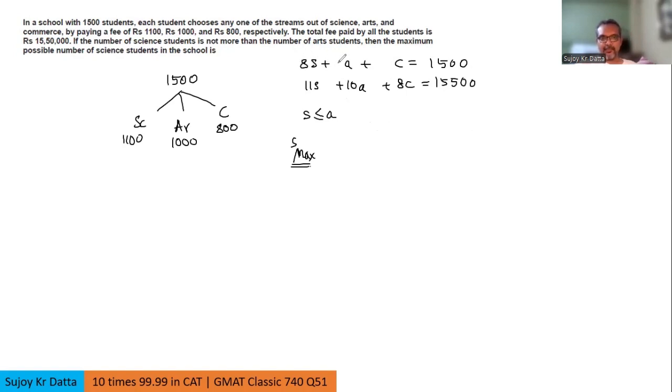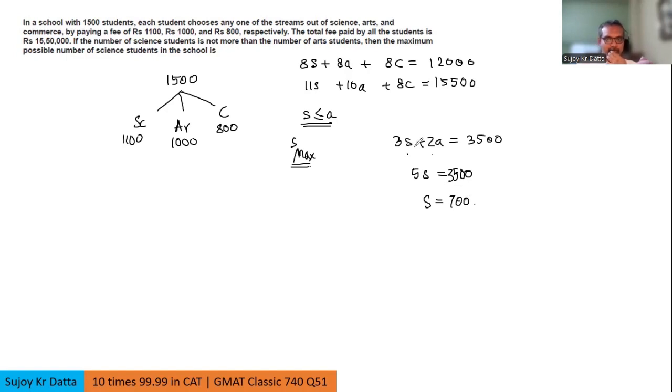So 8S, 8A, 8C is 12,000. And subtract. So we'll get 3S plus 2A is 3,500. Now we know that S is less than or equal to A. So if S were equal to A, you'll get 5S equal to 3,500. So that means S would be 700.